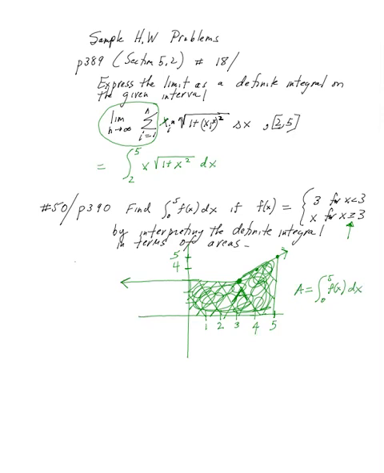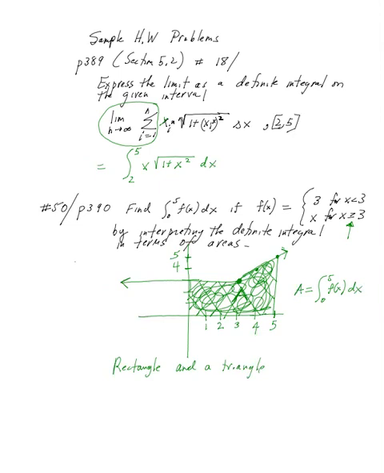So, do I know the area of this shape? Well, can't you divide the shape into a rectangle? It's really a square, but my scales are a little different, so it doesn't quite look like a square. A rectangle and a triangle. In fact, I could divide it into a rectangle, a square, and a triangle.